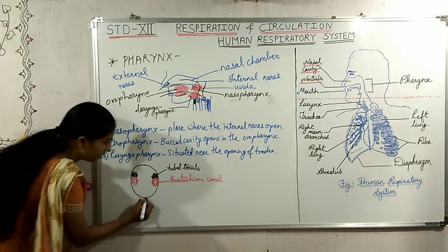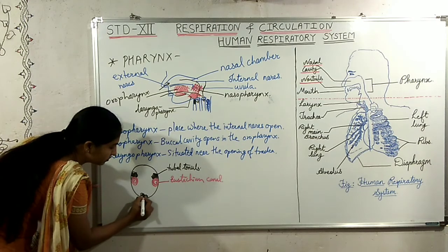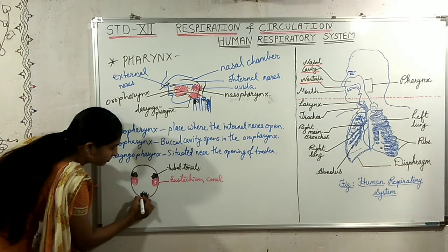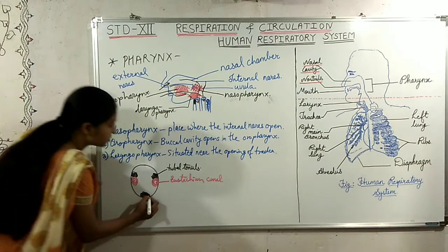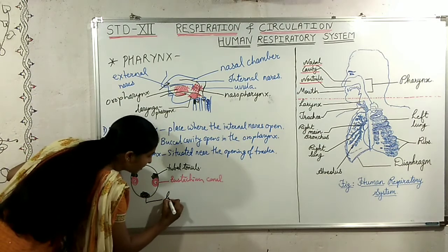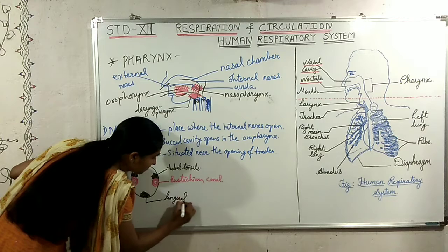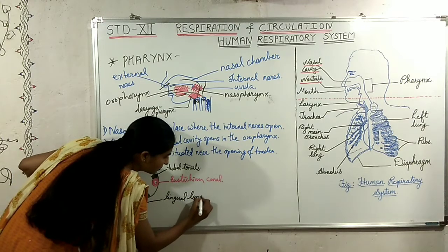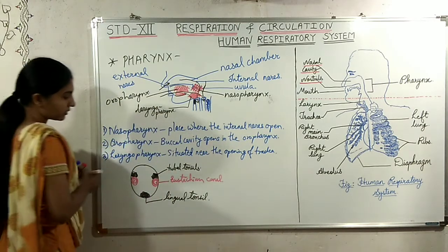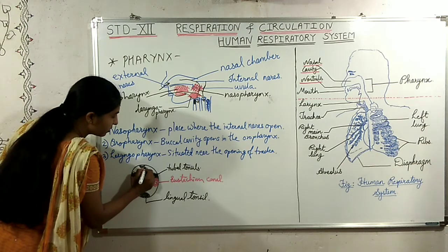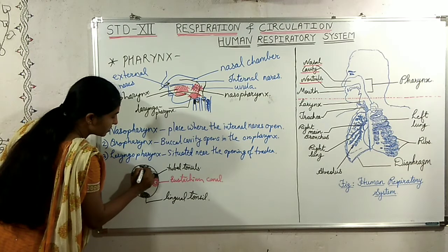Now here at the bottom a single tonsil is present. This tonsil is called the lingual tonsil. At the top also a single tonsil is present.